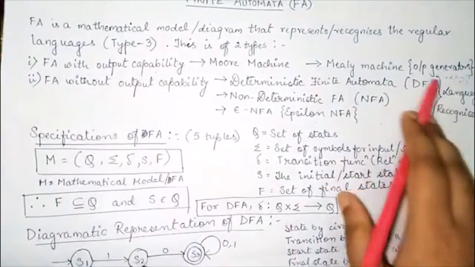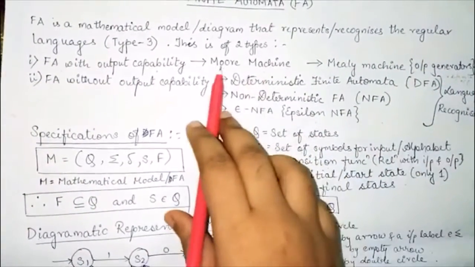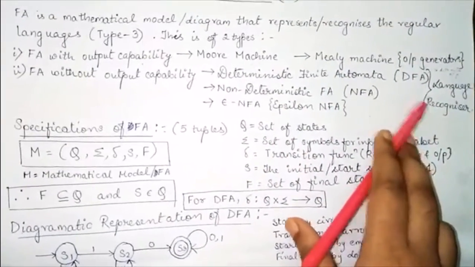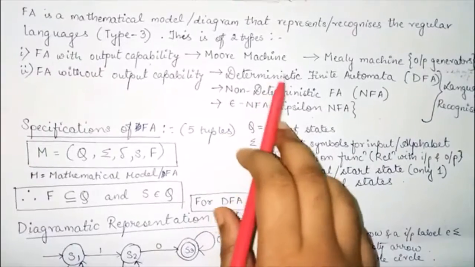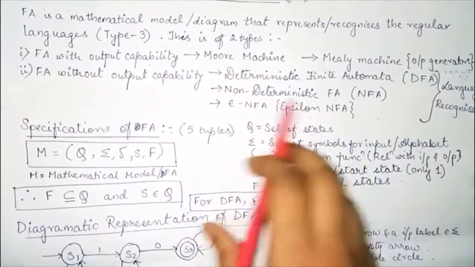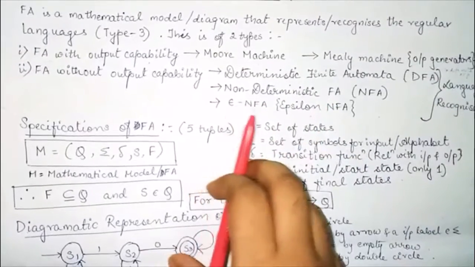So the output generators are of two types, Moore machine and Mealy machine. And the language recognizers are of three types: DFA or deterministic finite automata, non-deterministic finite automata or NFA, and epsilon NFA.